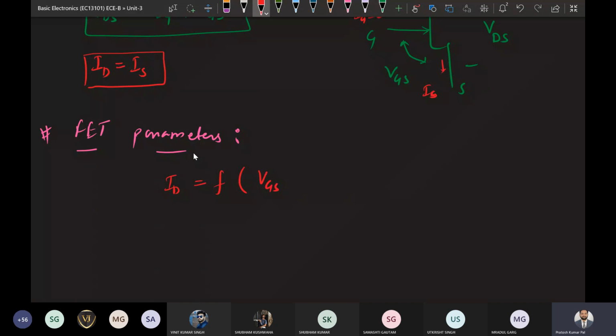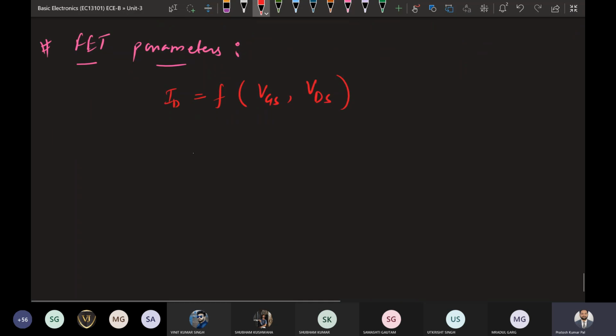And this ID is also defined by the VDS. If we vary the VDS, there will be an increase or decrease in the ID value. As we increase the VDS, the ID will increase, and after some time it will become constant. So ID is a function of these two.